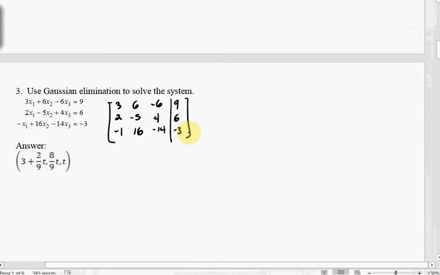All right. Well, it looks like since the first equation, the first row has a common factor of 3, let's just multiply everything in row 1 by 1/3.